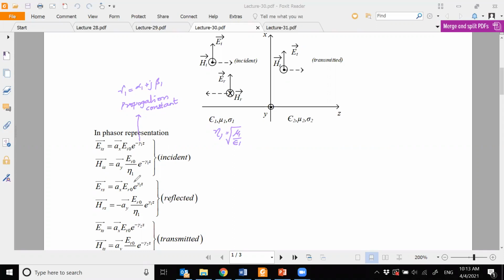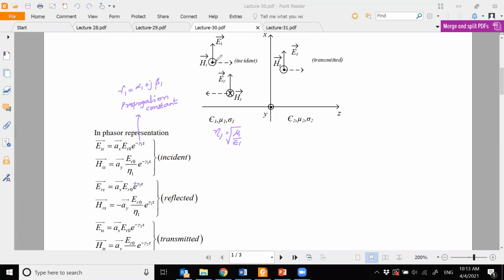Yeah, can you tell me why we are writing plus gamma 1Z here? Not sure, Dexter. See, here we have minus gamma, but here we have plus gamma. Yes, Thabit, why? Try to link it from the wave propagation point of view, right? Try to link it from the wave propagation point of view.